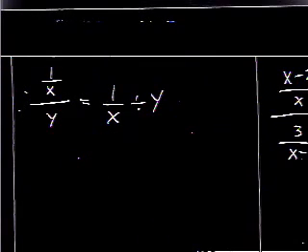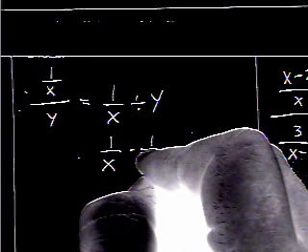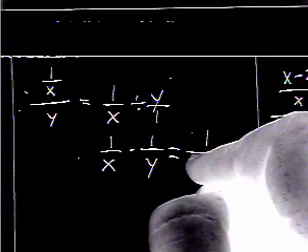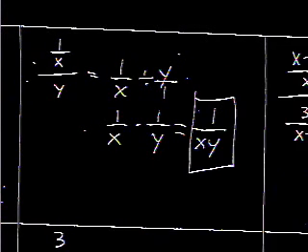Sometimes these simple ones are better if you actually write them in a side-by-side format so that you can see that you are multiplying by the reciprocal. You're taking y over 1 and flipping it over. So we get 1 over xy. Sorry, I got interrupted. So 1 over xy is my final result.